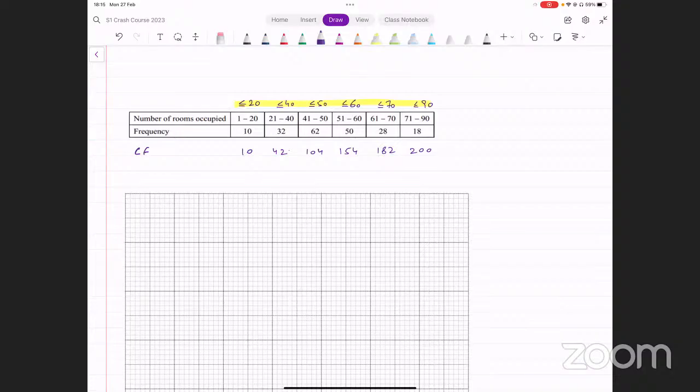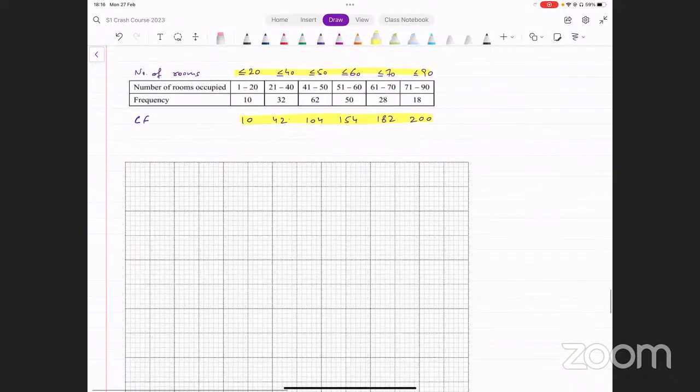These represent the number of rooms occupied. And cumulative frequency, this is going to be on the vertical axis. So you're going to plot all of these points now. So one point would be 20 on the horizontal axis, 10 on the vertical axis. Then another point would be 40 on the horizontal axis, 42 on the vertical axis, and so on.